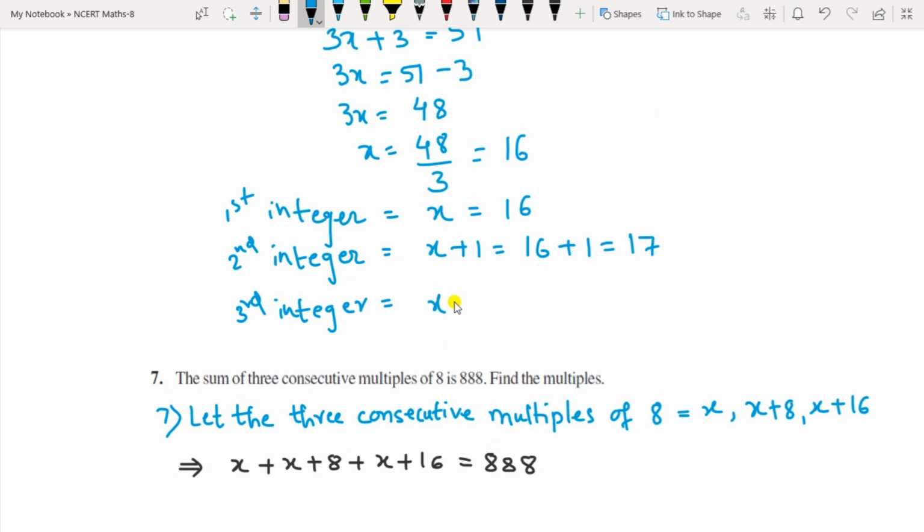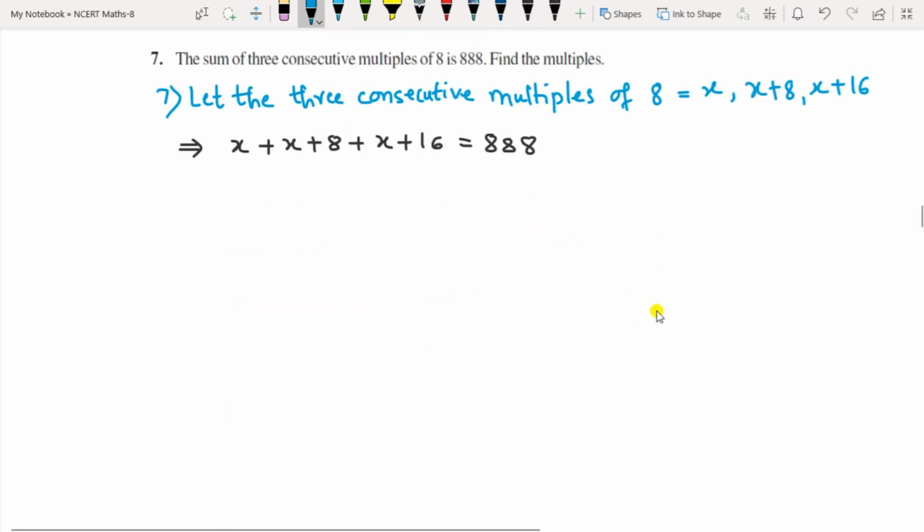And third integer is x plus 2, that is 16 plus 2 is 18. So 16, 17 and 18, these are the three consecutive integers. If you add them, you get the total 51.